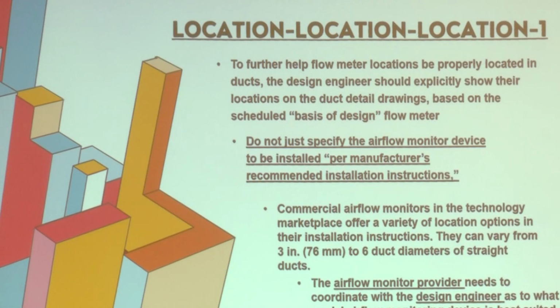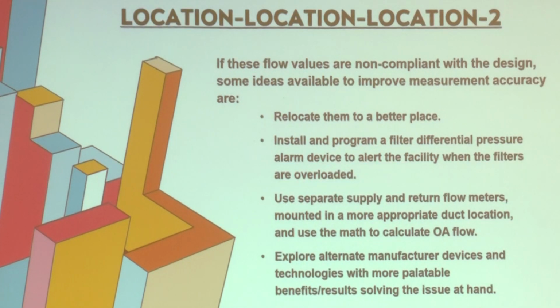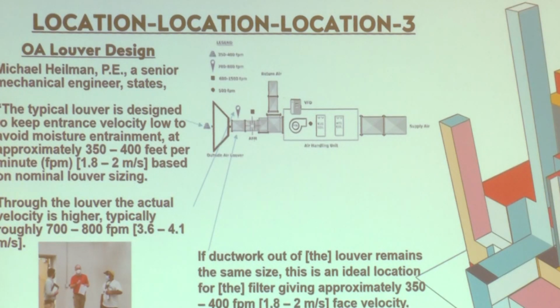What I'm also saying is location, location, location is very important. These flow meters need to be installed in the right place the first time, and once they're tested, that's fine. But as we go through the project and look at how they're working, we have to continue to make sure they're operating per the design and are in the right place. That starts with the outside air louver design itself.